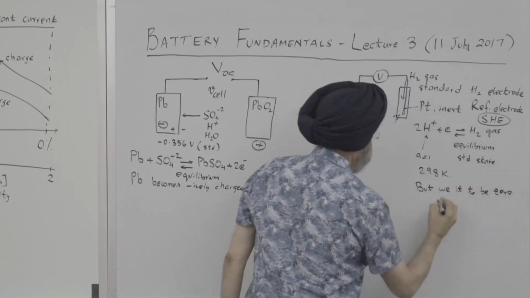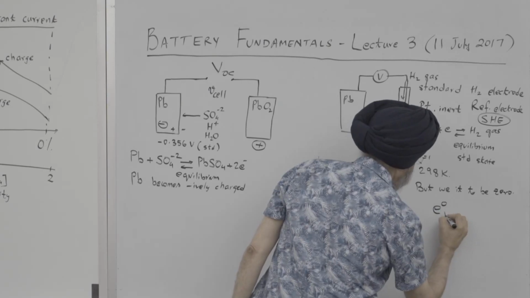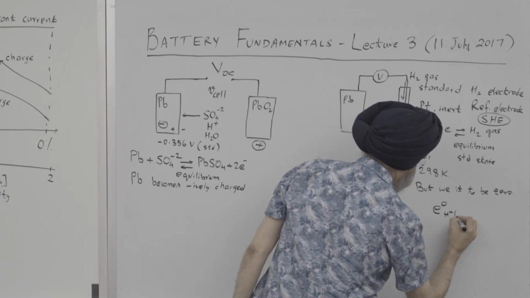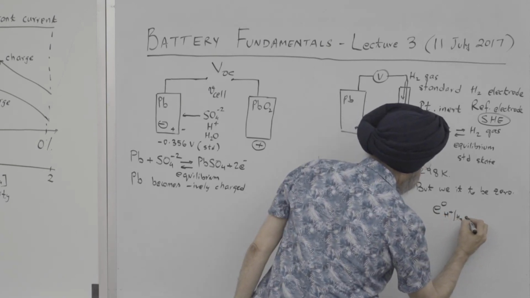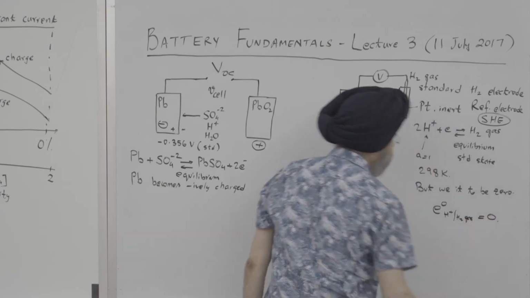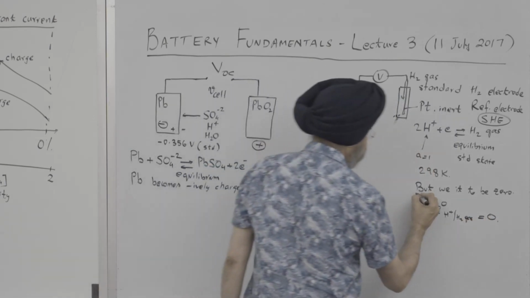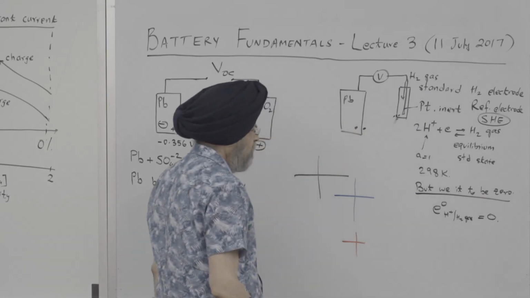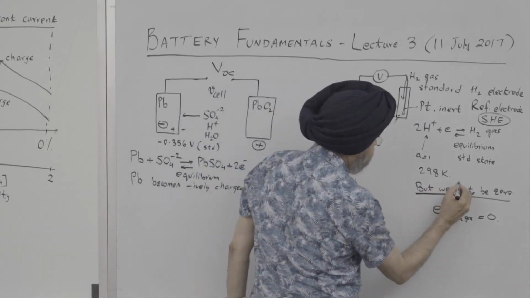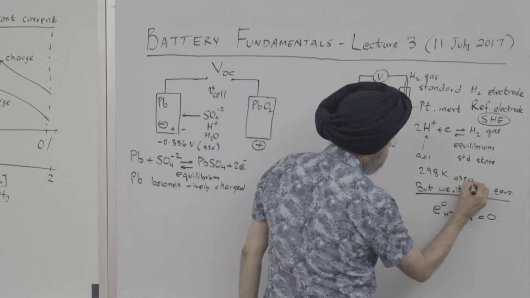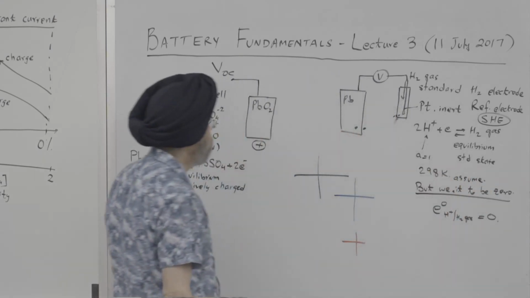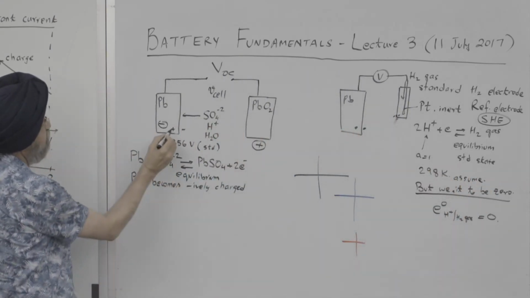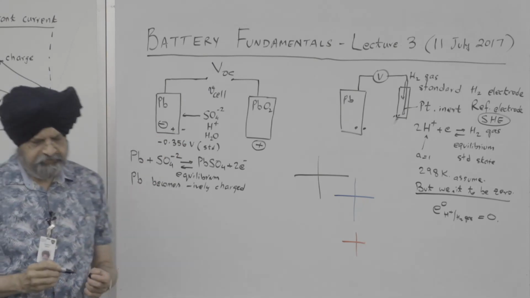So we say that the E0 for H plus H2 gas, this voltage, is 0. That's the assumption we make. The word assume is missing over here. So that's how we measure the potential between the metal and the liquid.